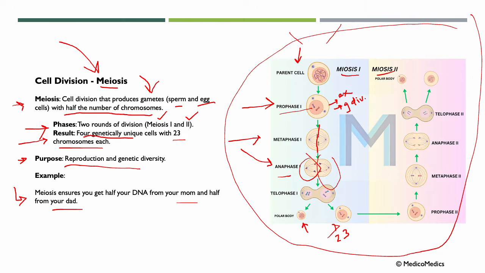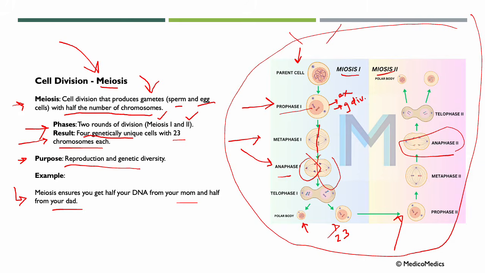Then we have meiosis 2, which is called the equational division. This is where sister chromatids separate. So meiosis 2 is actually very similar to mitosis. In anaphase 2, the sister chromatids of each chromosome are pulled apart to opposite poles.